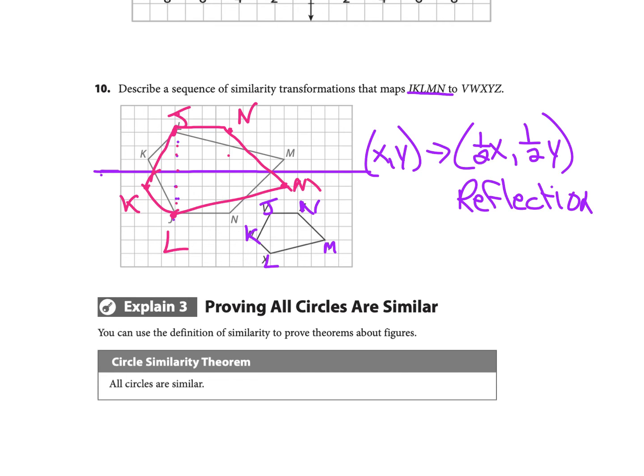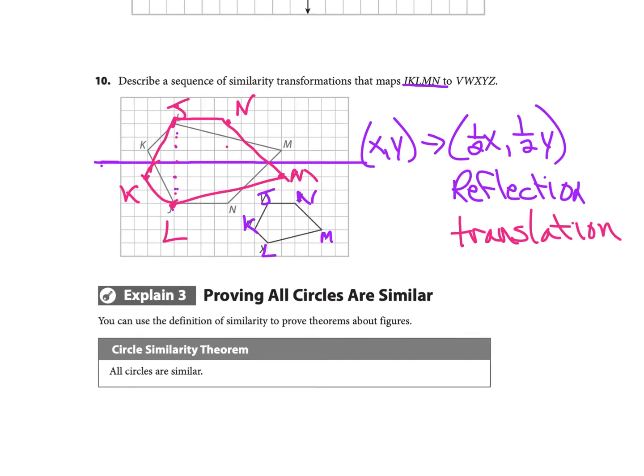And then because there is no XY axis, it's really hard to tell. But the 1/2, we will also need a translation after it and to move it. But I'm not going to expect you to do one without the X and Y axes. So don't worry about that.